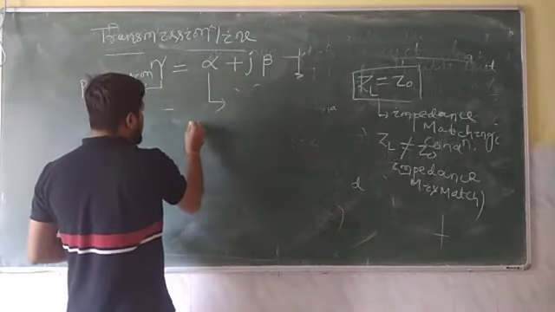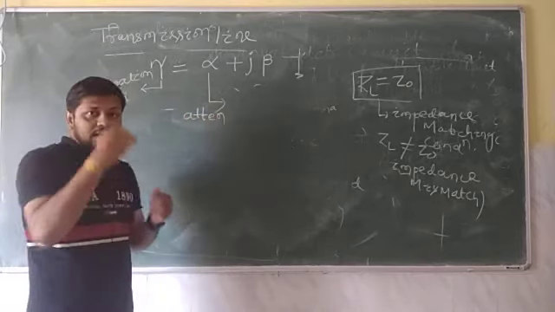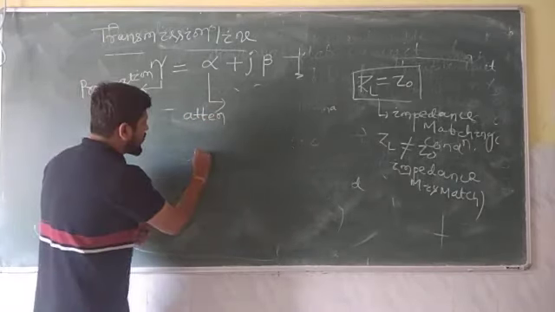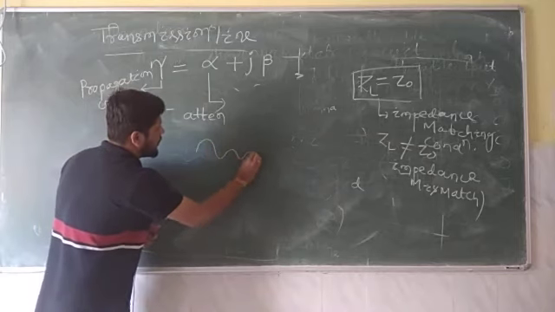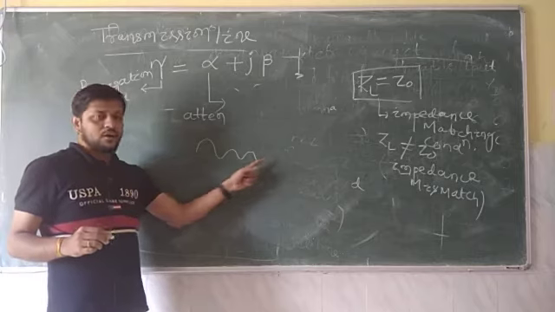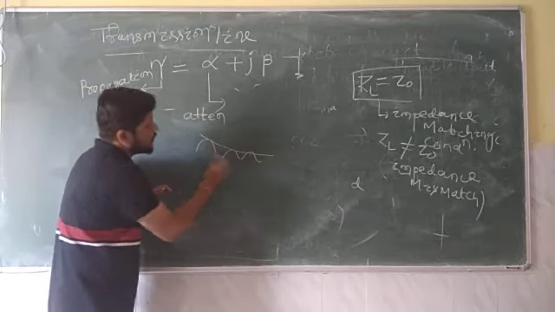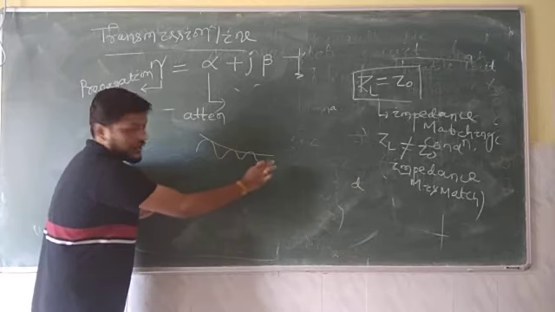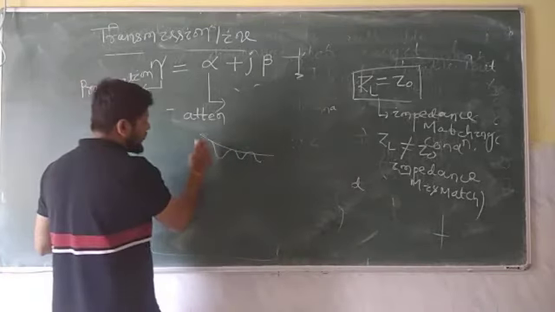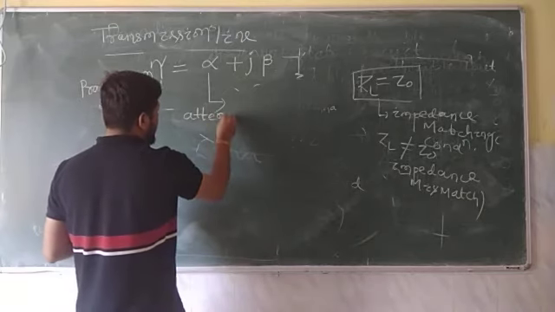This alpha real part always represents attenuation. Attenuation means a decrease in the strength of the signal. Here you can see the amplitude, as it is traveling along, decreases exponentially. This exponential decrease is represented by this attenuation constant.